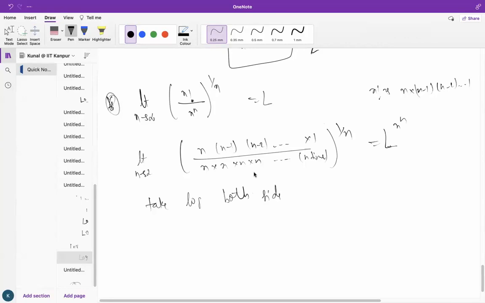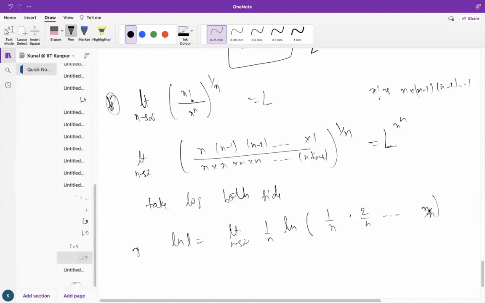What we get is ln of L is equal to limit n tending to infinity 1 by n ln of, we get 1 by n, ln of 1 by n into 2 by n dot dot dot n by n.